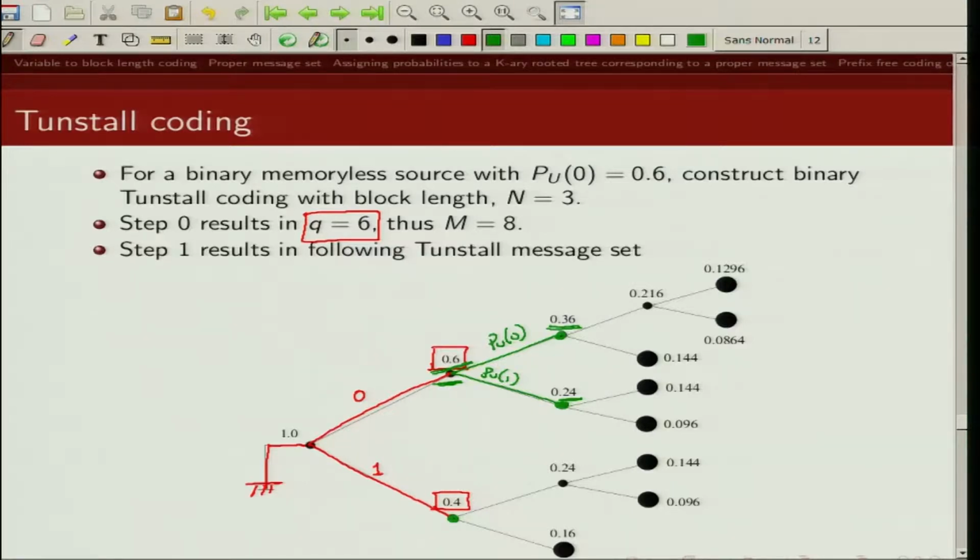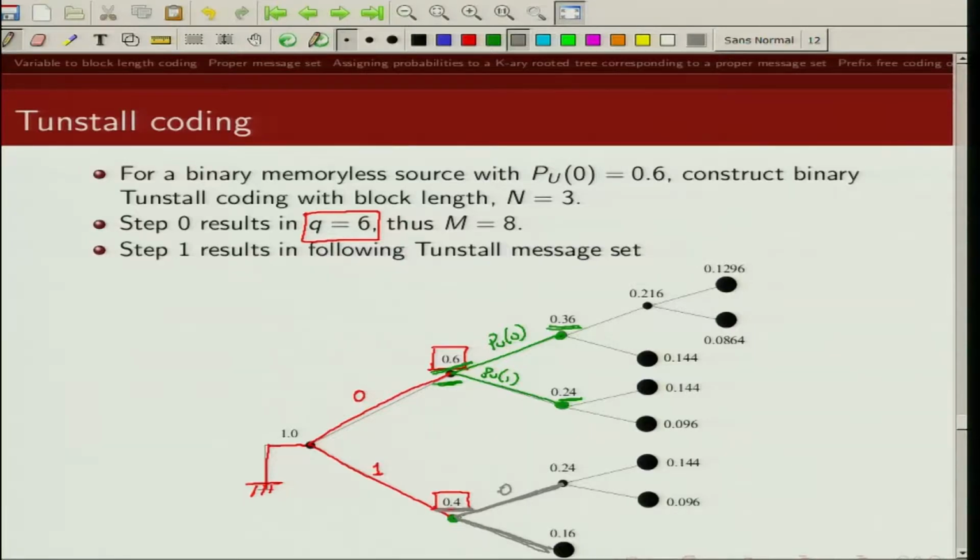Now let's do the second extension. If I do the second extension, what do I have? I have 0.36, 0.24 and 0.4. So I am going to now extend this leaf which has probability 0.4. If I extend this leaf, now this leaf becomes a node and the extension is like this.